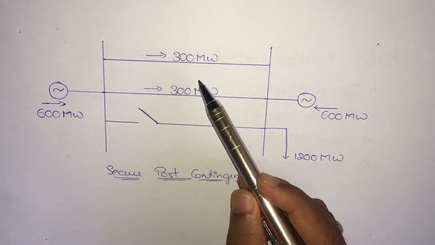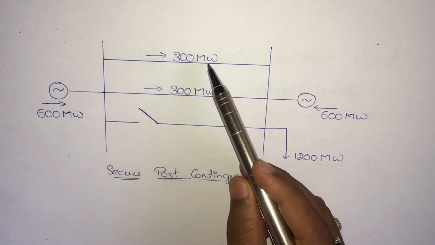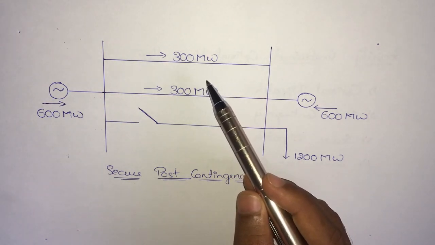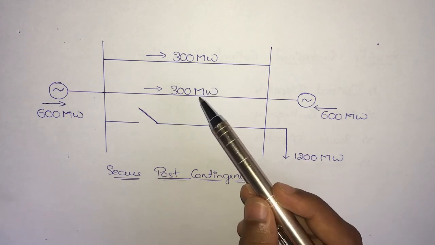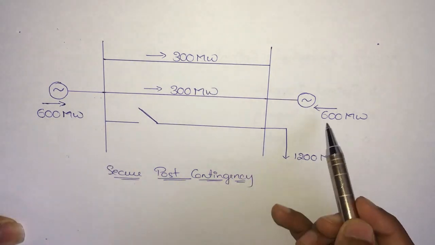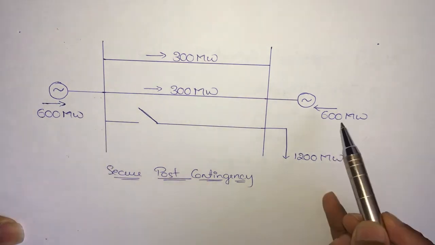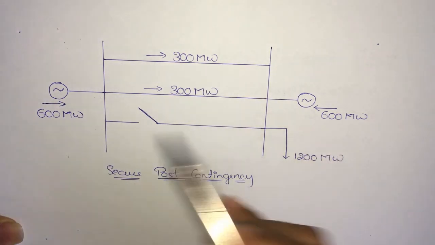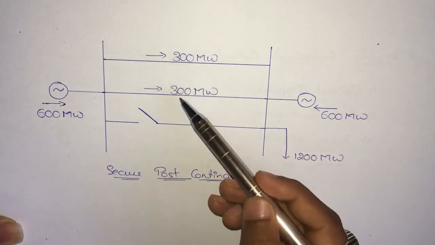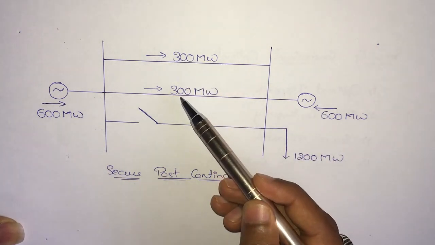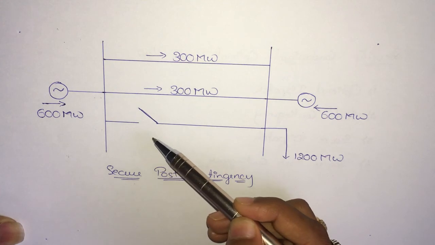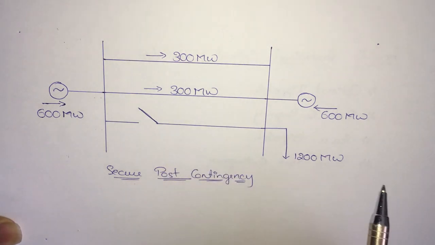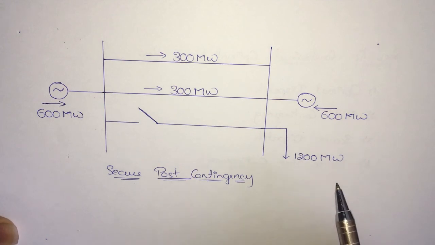Voltage or power flow has not been violated. It is fixed to 300 megawatt only. Here the security corrections are already applied. Previously it was 900 and 300. Now it is 600 and 600. Since it is 600 and 600, the lines are carrying 300 and 300 each even after the fault has occurred. This is about secure post contingency.